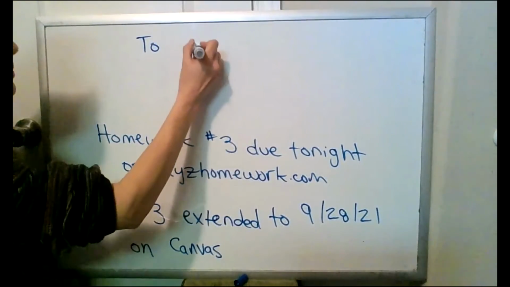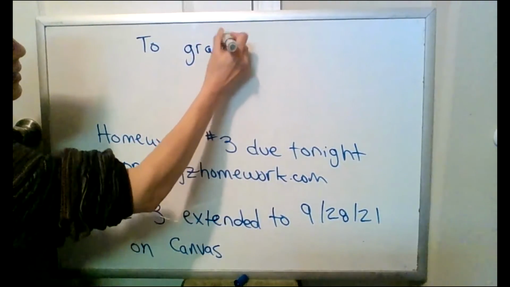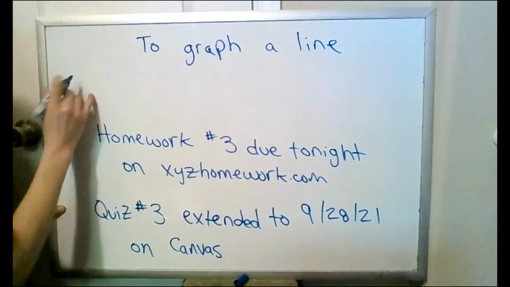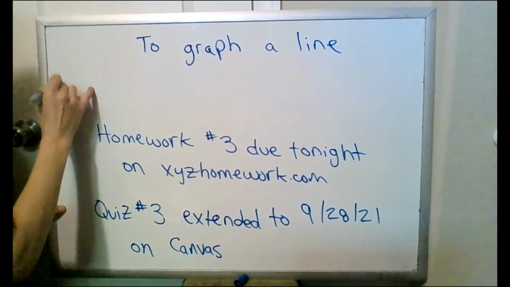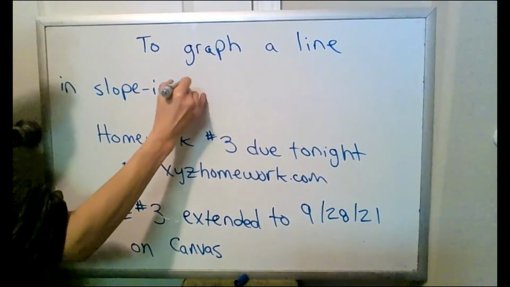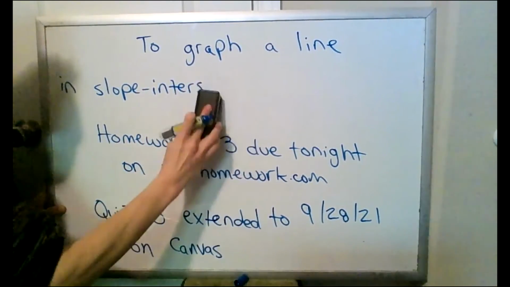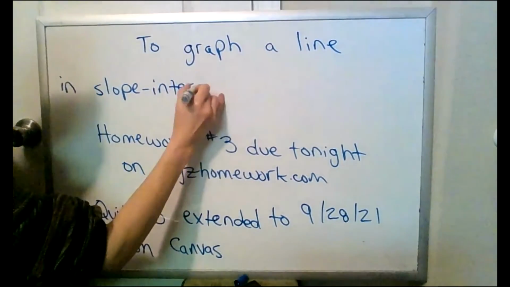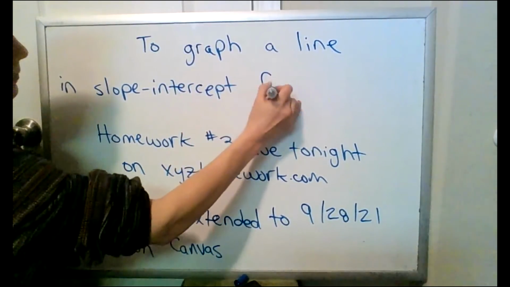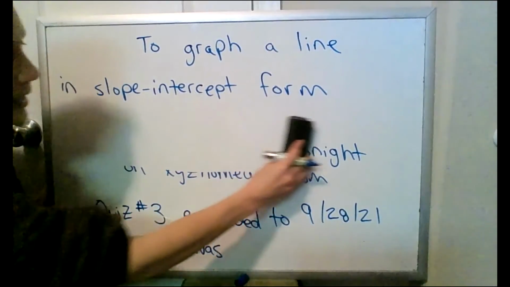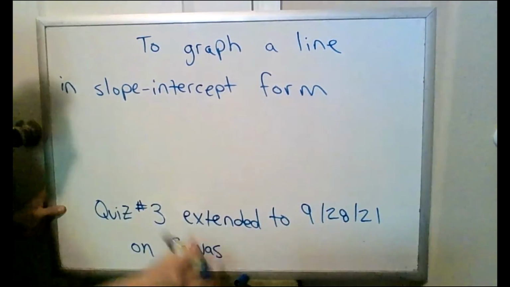I want to graph slope intercept form. And that's y equals mx plus b. That form.